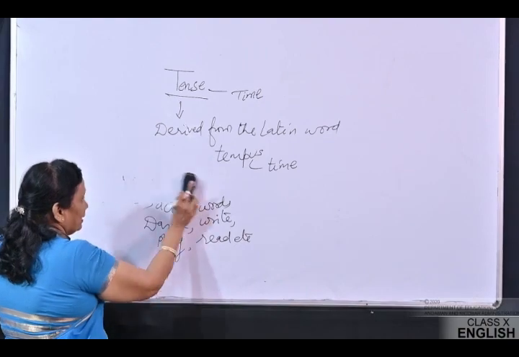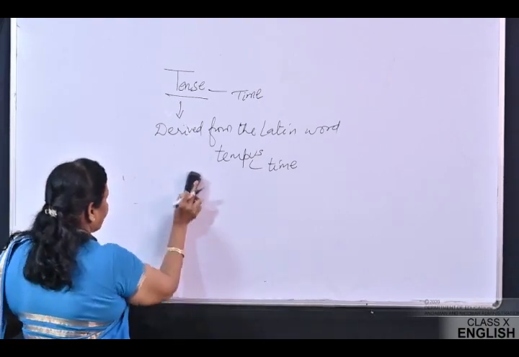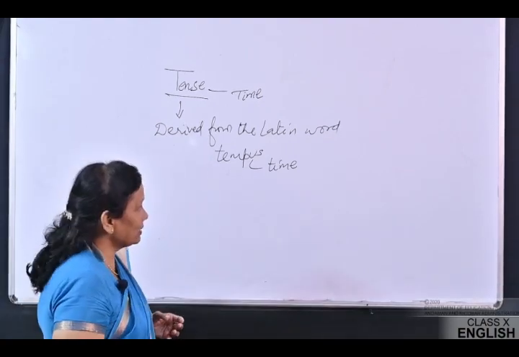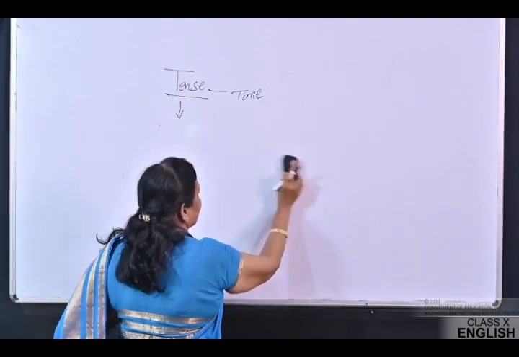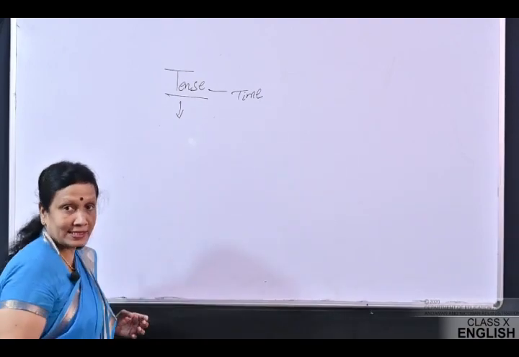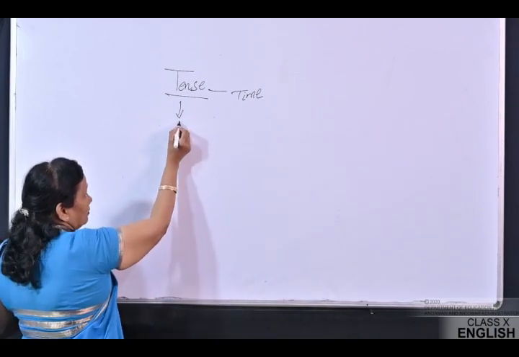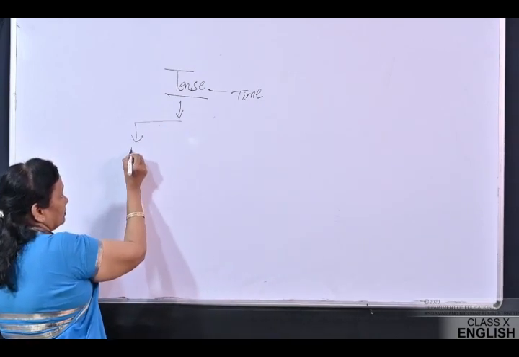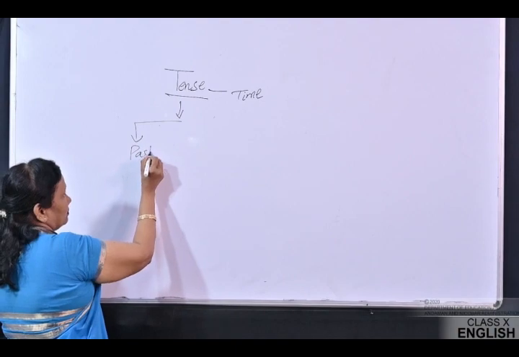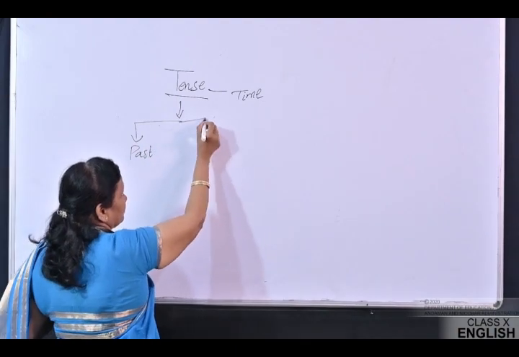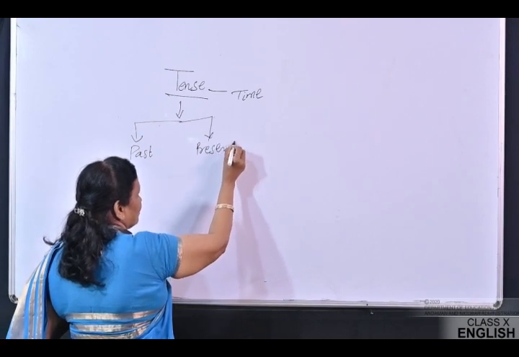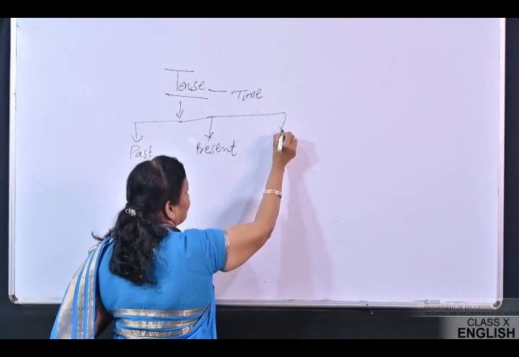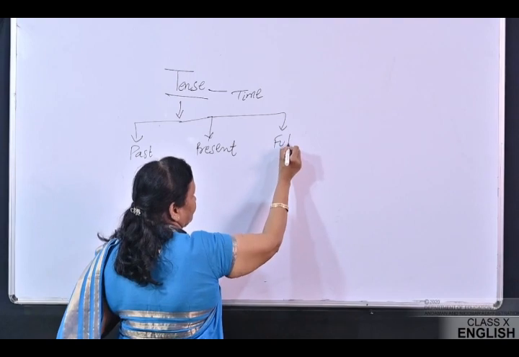Now let's look at the different types of tense. Okay, the past, the present, and the future.